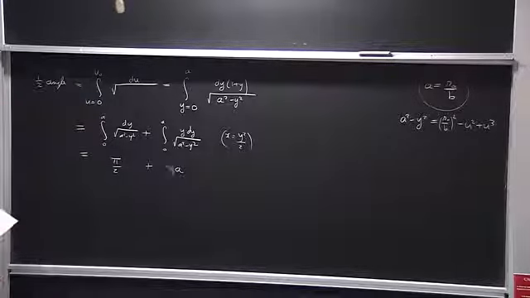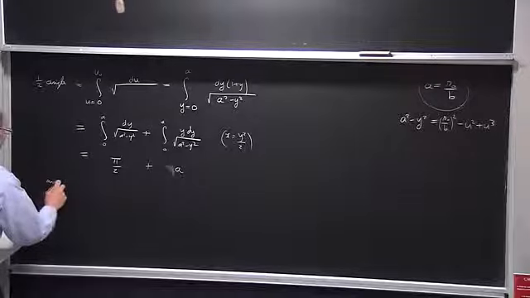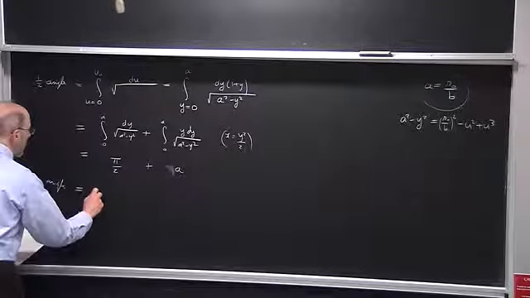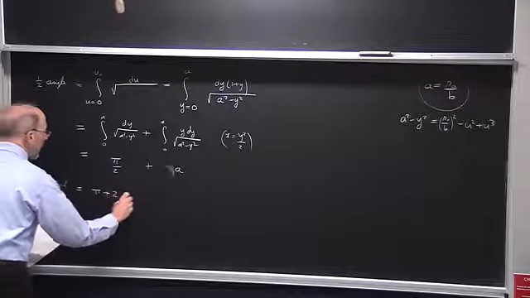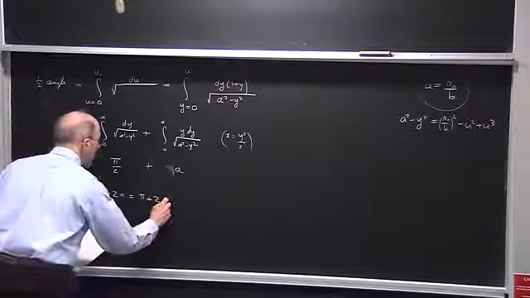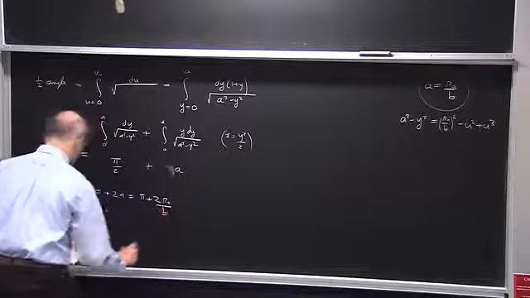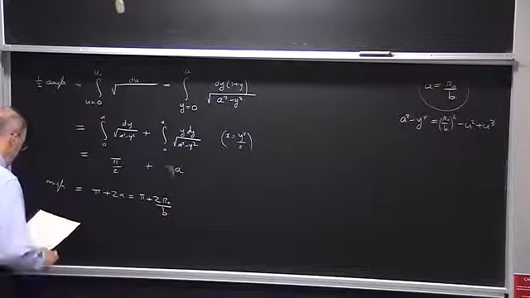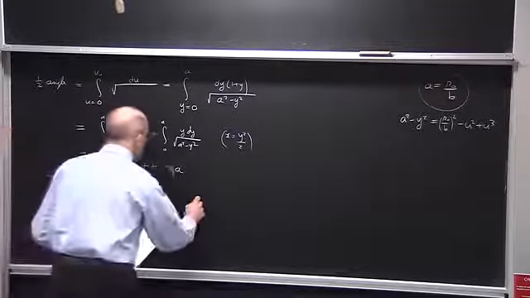Now I multiply by 2, so the angle is equal to pi plus 2a, which is pi plus twice r naught over b. So that's the answer. So the deflection is this.